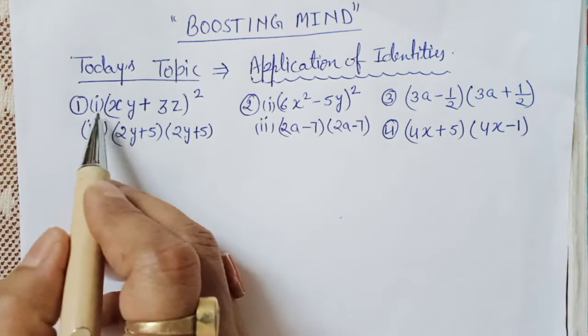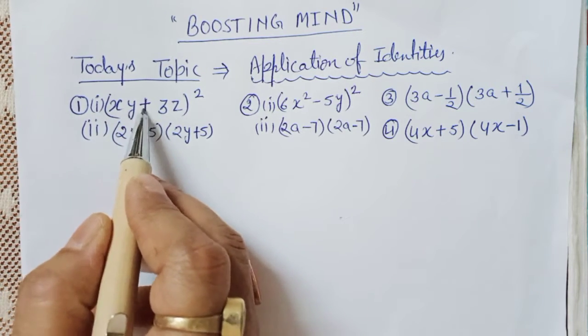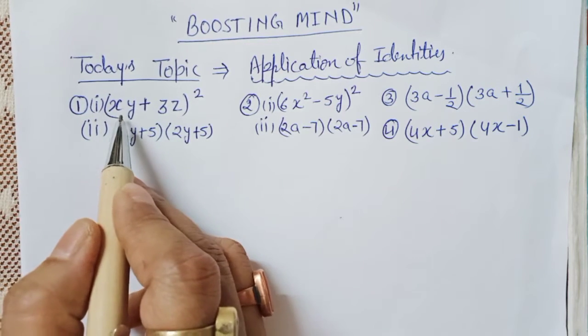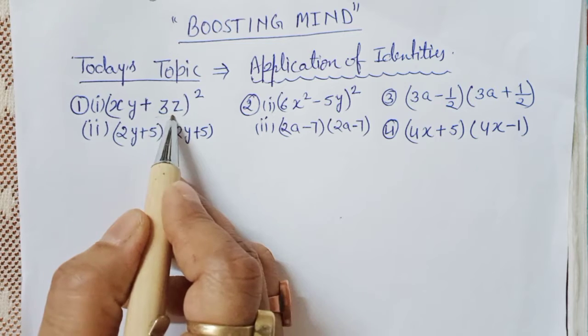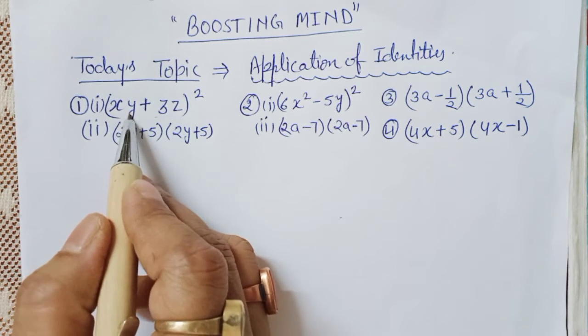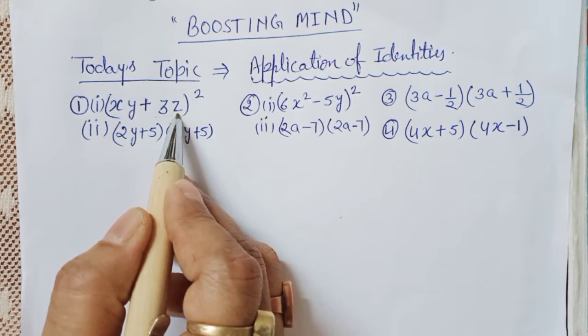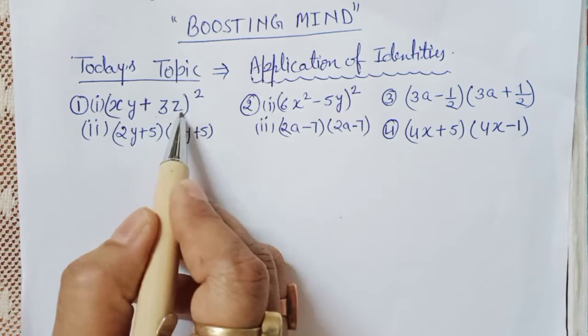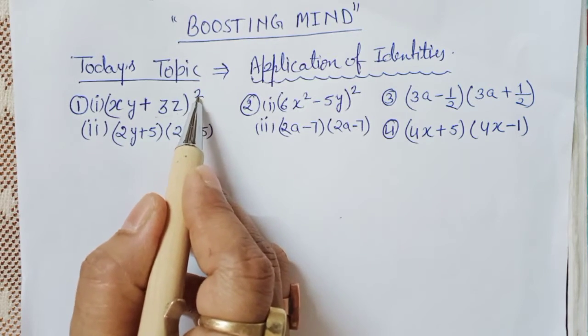I am taking this question: (xy + 3z) whole square. We can see that there are two terms. This is a binomial. The first term is xy and the second term is 3z, with a positive sign between them and a bracket having a square.